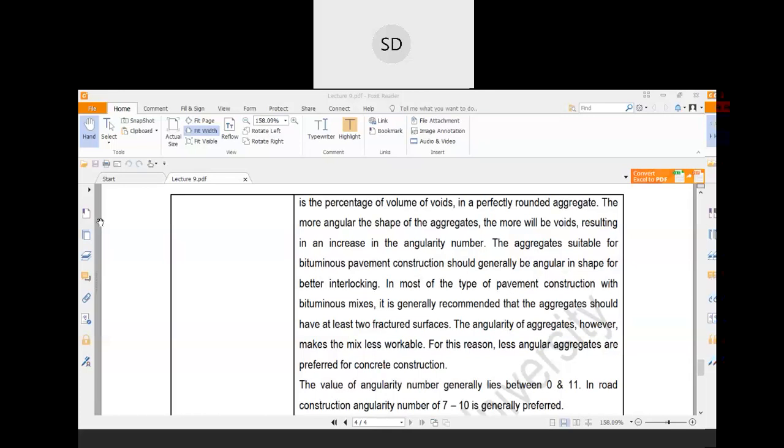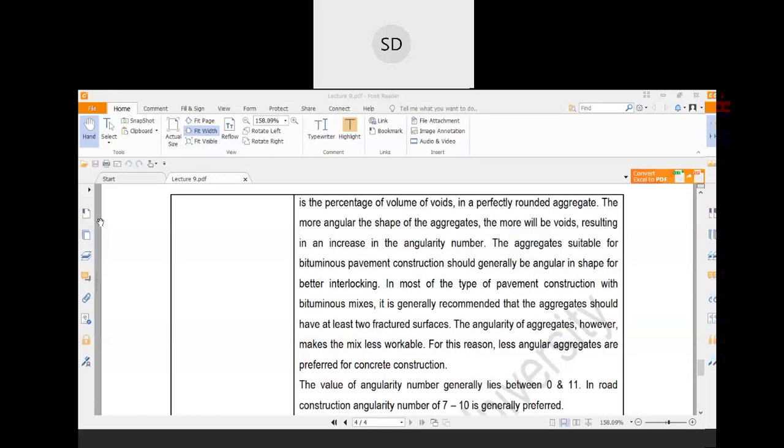Now for the bituminous concrete road or normal WBM, waterbound macadam, or other types of roads where you are using that aggregate for your base or surface layers, that aggregate must have interlocking properties so that it could be interlocked with each other and retained in place perfectly.